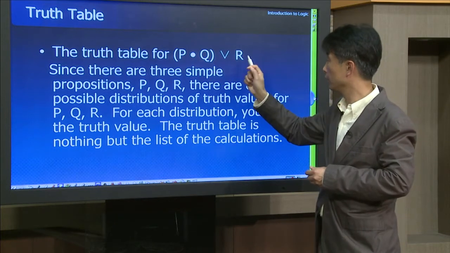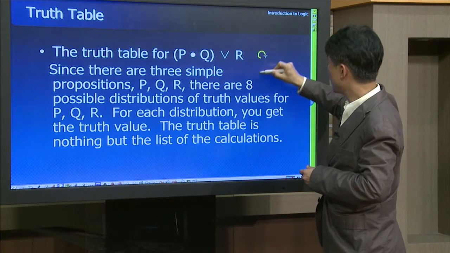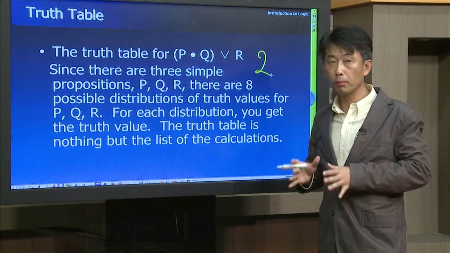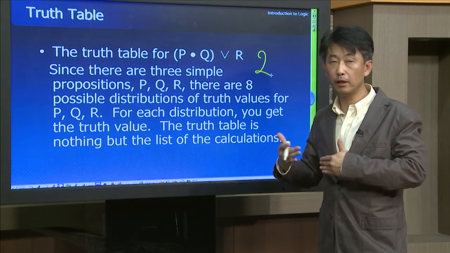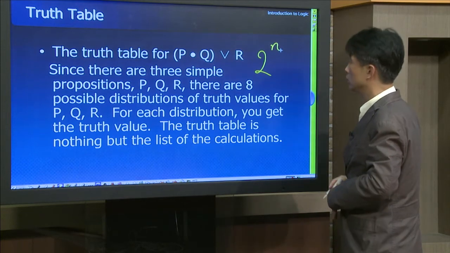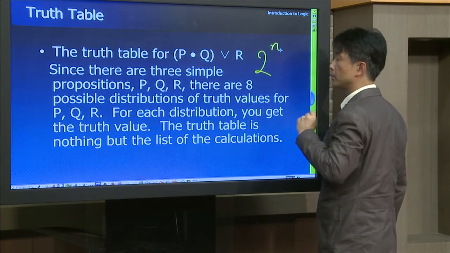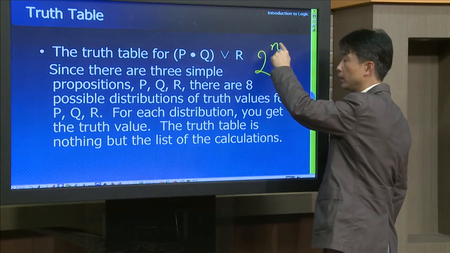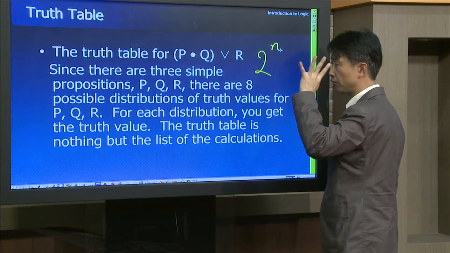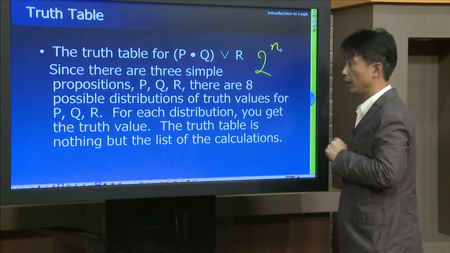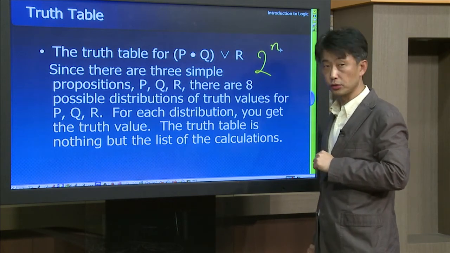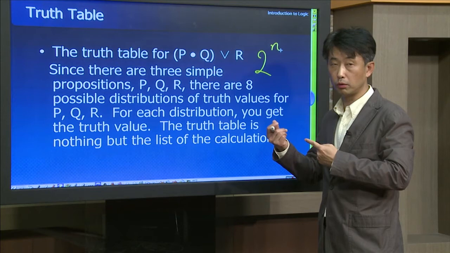In general, the number of rows for complex propositions with n simple propositions is 2 to the power of n. So we have 3 simple propositions, so it's 2 to the power of 3, which is 8. If you have 2, then you need 4 rows. If you have 4 different simple propositions, you need 2 to the power of 4, so it's 16.